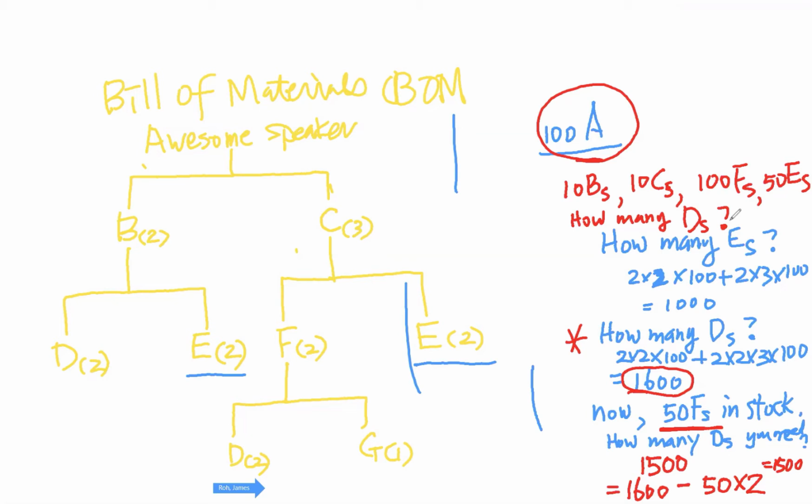You look at the 10 Bs, and that's on the left side, and then it's equal to 2 Ds. So then it's 20 because it's the 10 times the subscript 2. And then for the 10 Cs, it's equal on the right side to 20 Fs, which then is equal to 40 Ds.